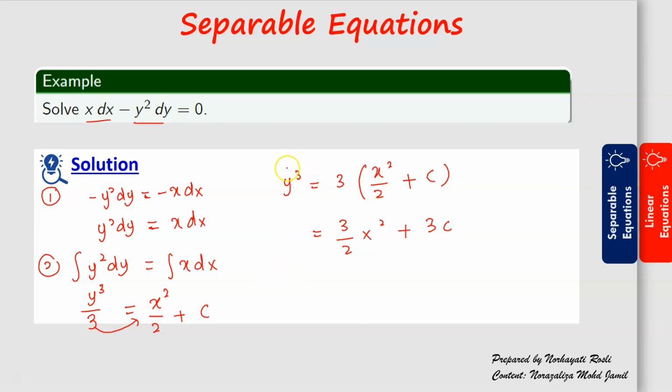And then remember, this side should be in terms of y only. We have power 3 here. Move this to this side, we get y equal to (3 over 2 x to the power of 2 plus 3c) to the power of 1 over 3. Because here is power 3, you move it to this side, so it becomes 1 over 3. This is the final solution for this example.